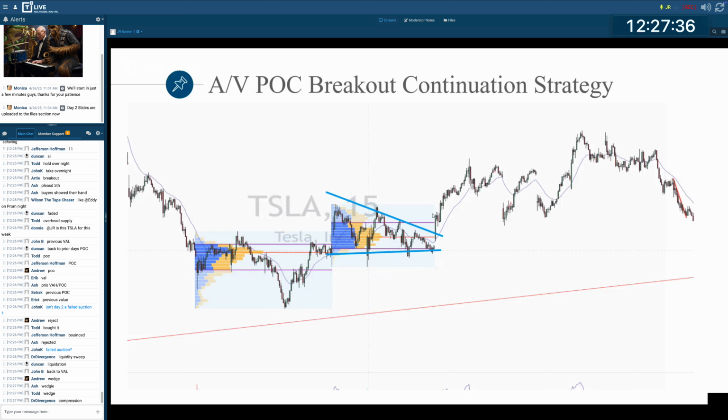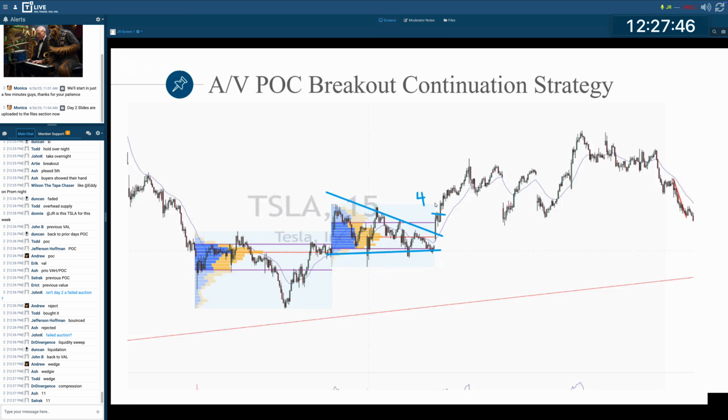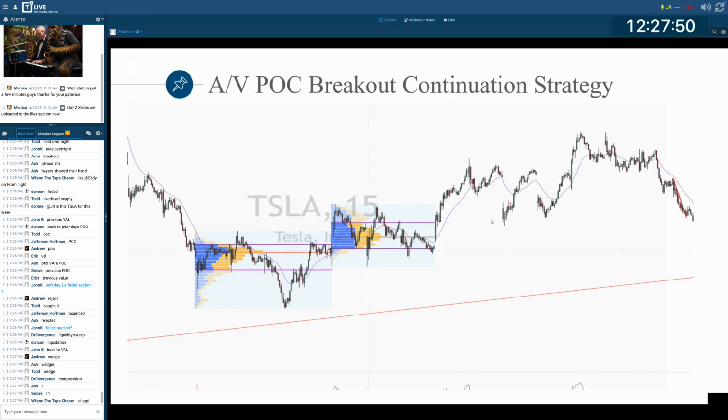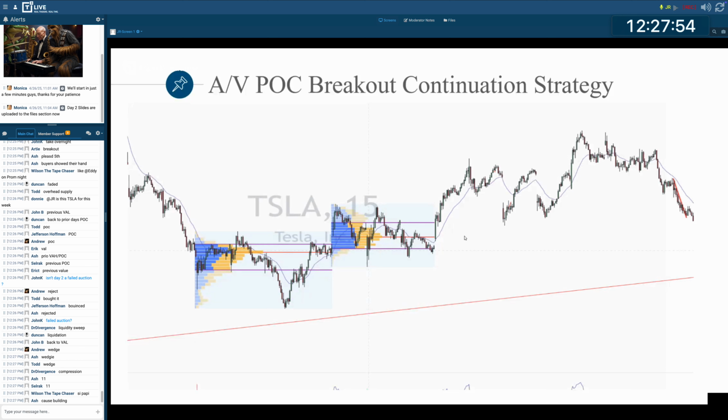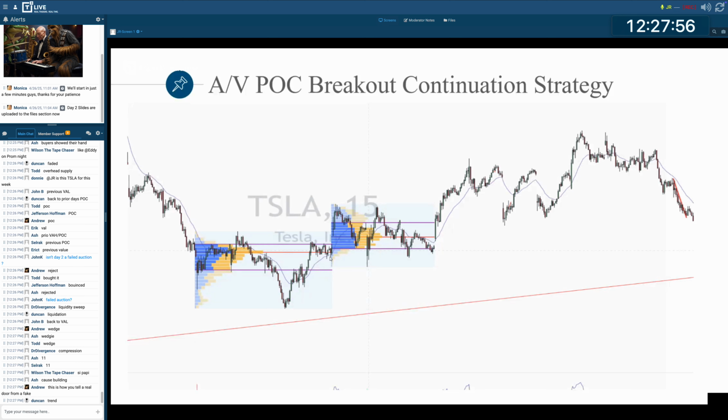Is it fair to say that day 4 is one that you maybe want to be involved in to the long side? Why? Why do you want to be involved to the long side on day 4? What has happened? 1, we've rejected the accumulative point of control, right? This was a selling climax, right?